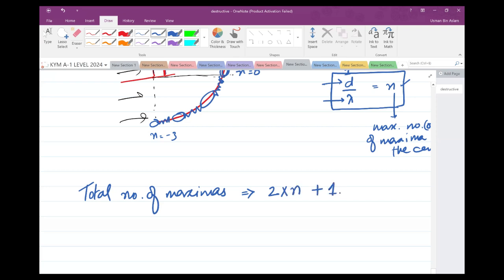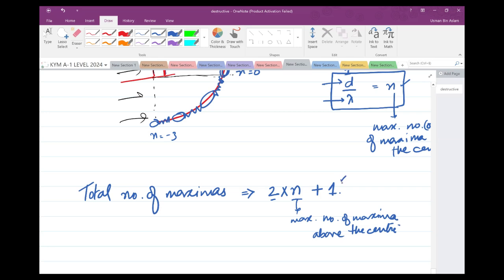I'm going to explain why I am using this equation. N is the maximum number of maximas above the central line. When I multiply it with 2, that gives me the number of maximas above and below the central line.